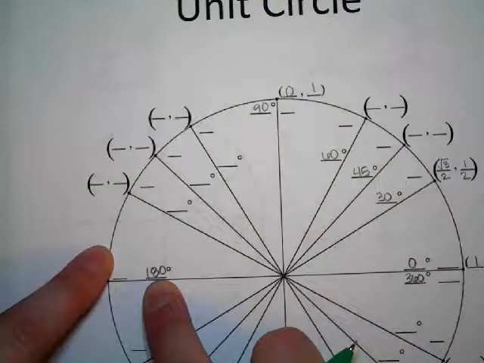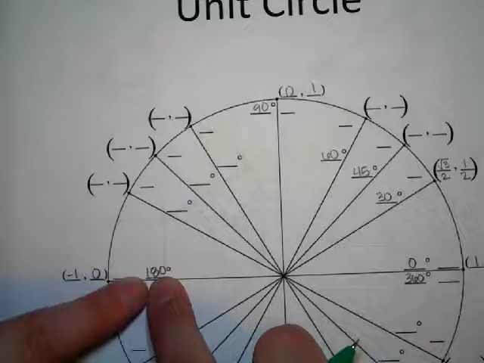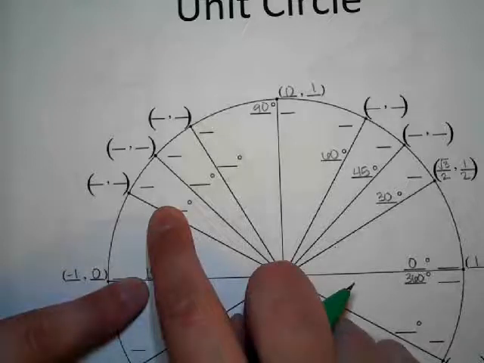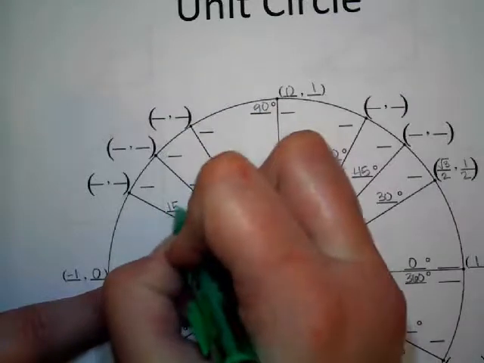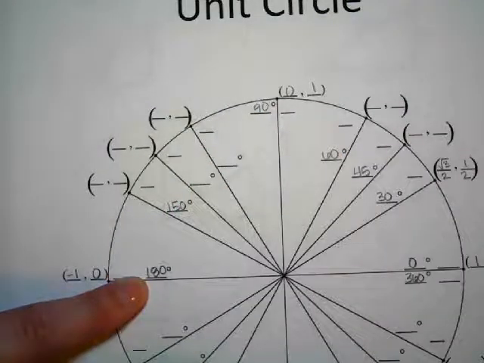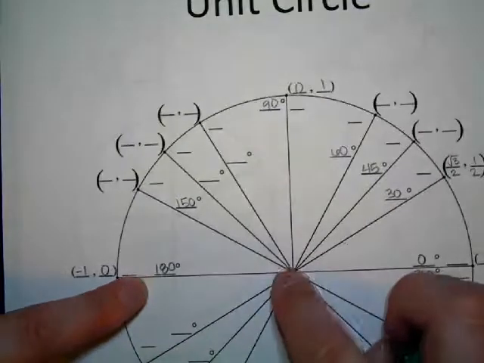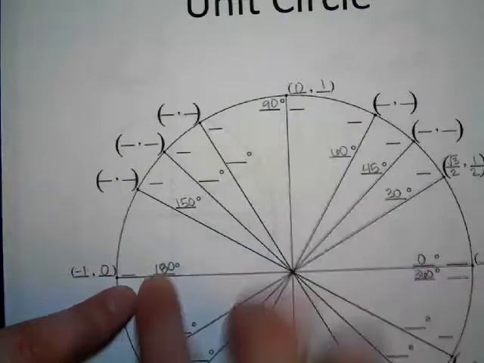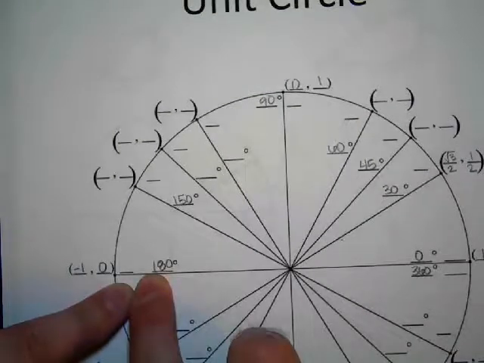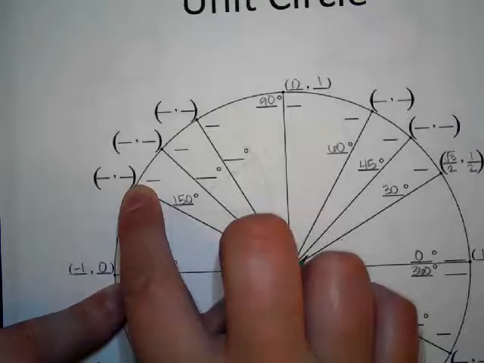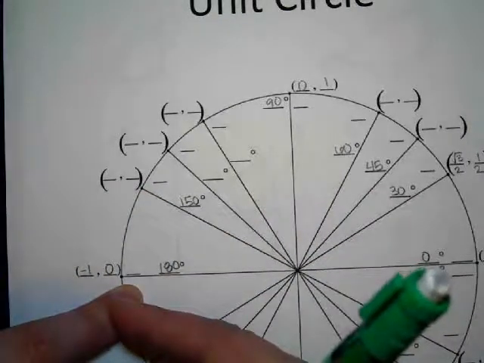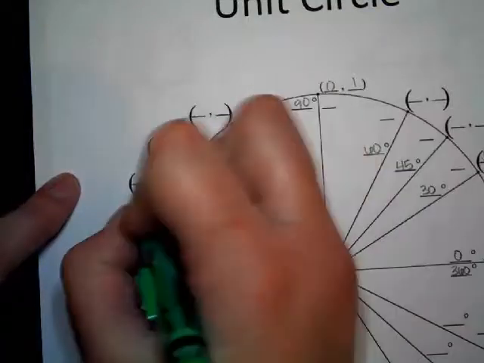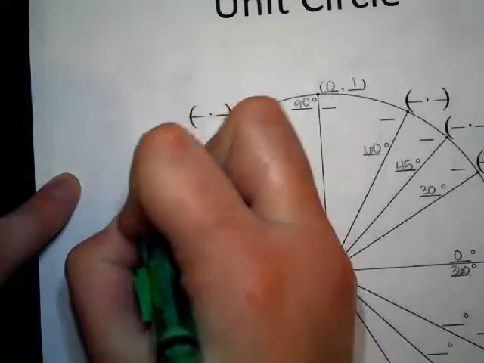So what's 30 degrees above 180? 150. So let's label this as 150. Then we go left √3/2, up 1/2. So if we went left √3/2, what should I do to the √3/2? Make it negative. So negative √3/2, 1/2.